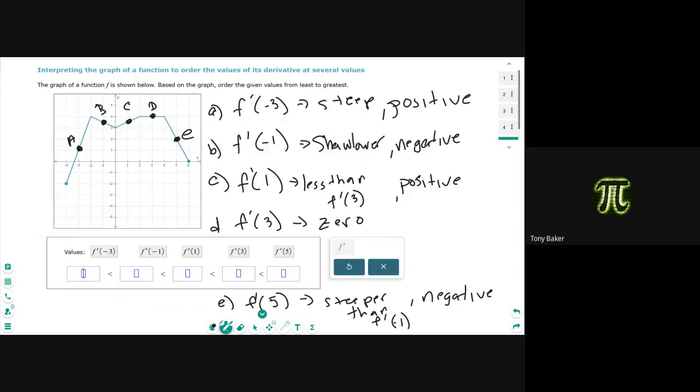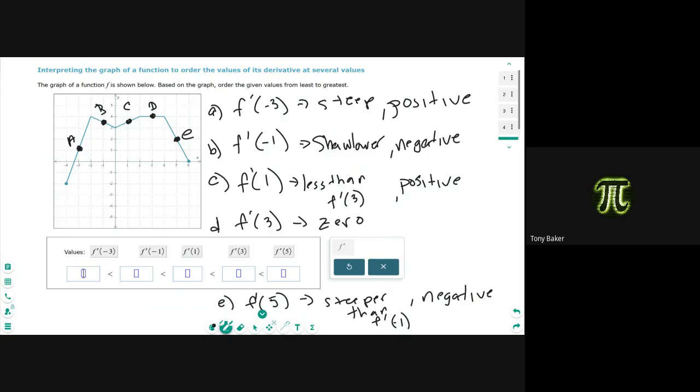So let's put these in order. What's going to be the least, or the smallest, or the lowest value? Okay. What's less than 0? Negatives. So I have 2 of them that are negative, right? So those are going to be less. So the question is, is it B or E?